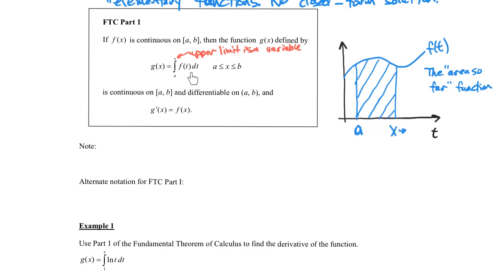Right now, this is the area underneath this curve from a to x, and x is right here. Since it varies, maybe x could be over here next time, and then you'd add on this little piece of the area here.